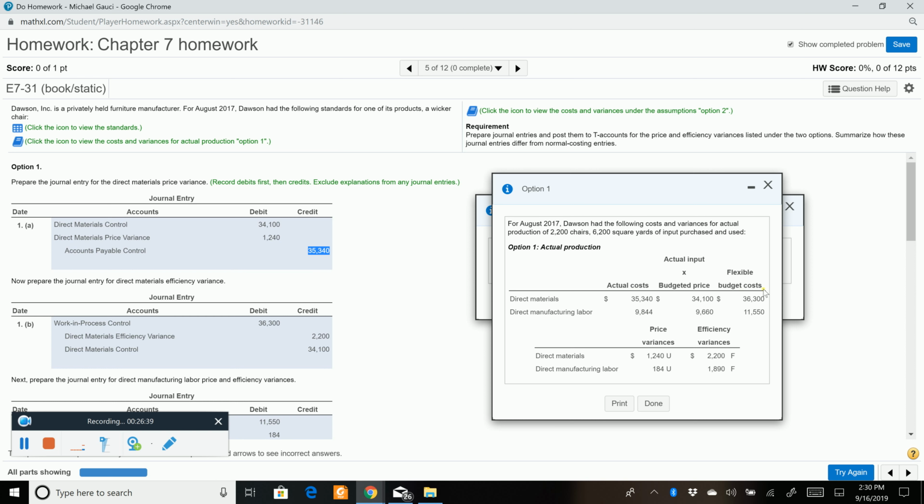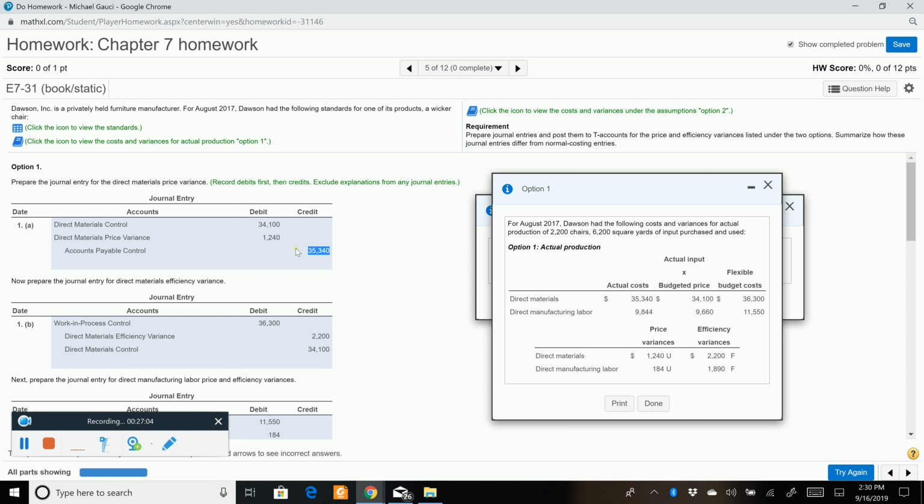I want you all to match it up with our analysis table. The credit to accounts payable is going to be, and this is logical, the actual amount we need to pay our vendors for the materials purchased. Well, that's the first column, the actual cost. So I'll credit accounts payable for the full $35,340, the actual.